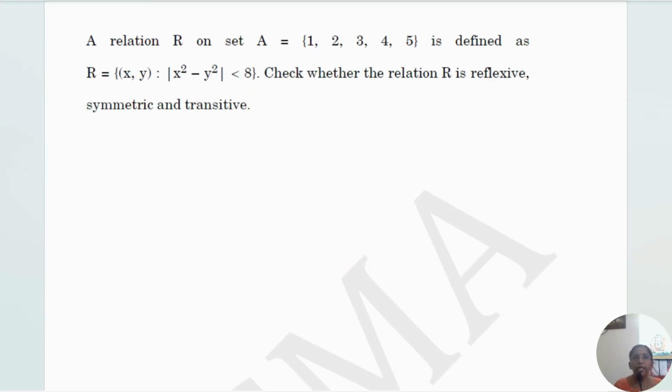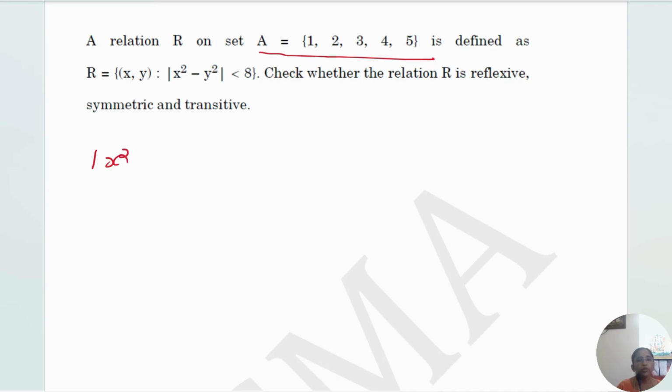In this problem, a relation R on the set A = {1, 2, 3, 4, 5} is defined by the relation (x, y) such that |x² − y²| < 8. Check whether the relation is reflexive, symmetric or transitive. For checking reflexive, both the data should be the same.